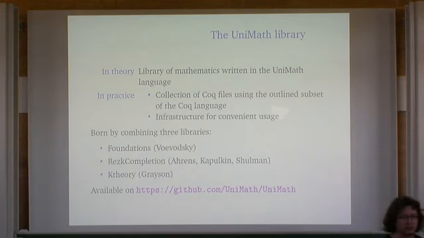Sometimes we're more thinking about creating specific tactics for working with specific, for example, algebraic structures in Unimath. I also want to say that we haven't used canonical structures because our dependent sum was an inductive type, and so we couldn't.